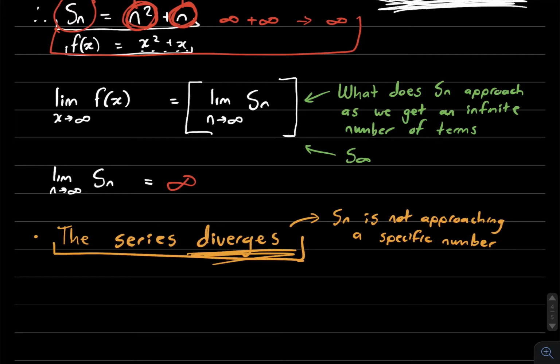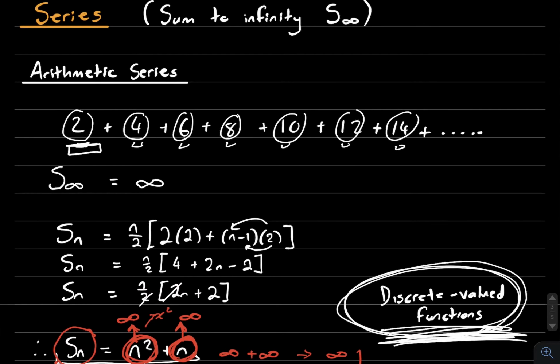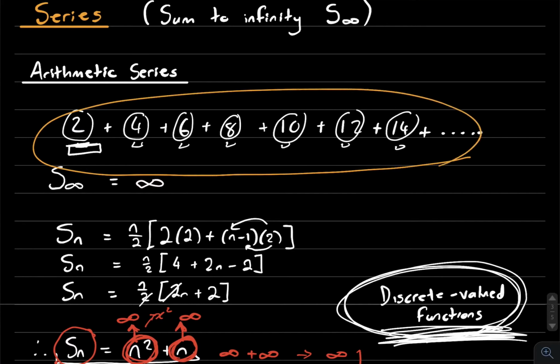So S of n in this case was approaching infinity, right? And infinity is not a number. It's just a concept that we use to represent something that's very big. So S of n is not approaching a specific number, right? That's the definition of divergence. So we can see that this series in our example is divergent.